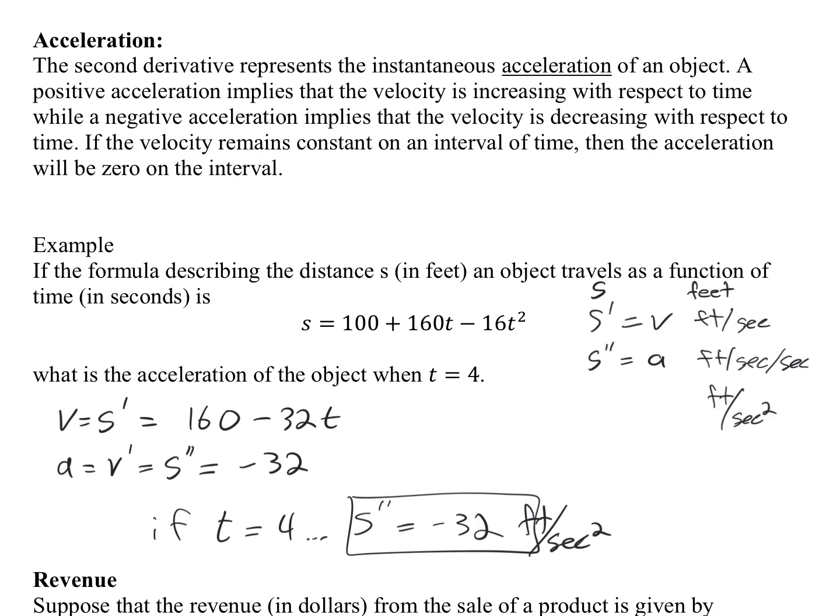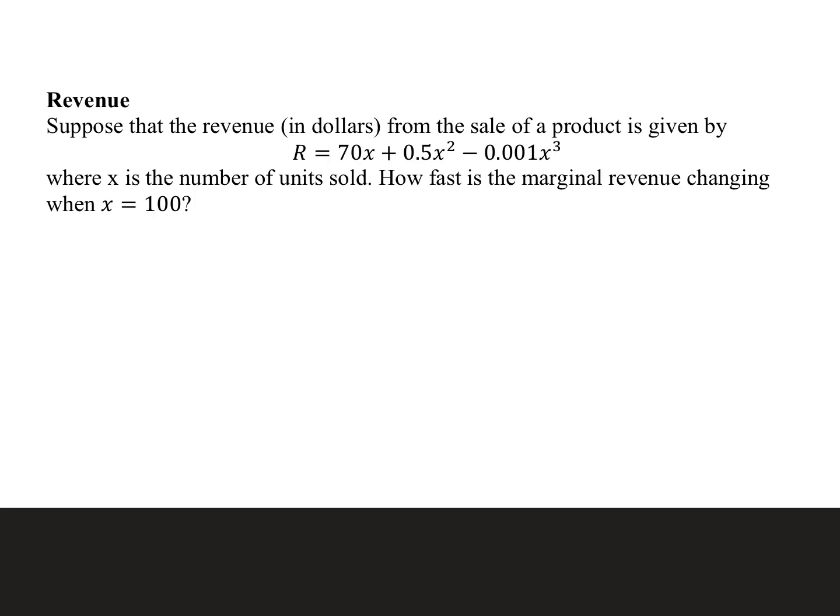Okay, lastly, let's look at a revenue example. In this example, let's suppose that the revenue in dollars from the sale of a product is given by the following function. Here, x is going to be the number of units sold, and we want to know how fast is the marginal revenue changing when x equals 100. So you want to be very careful with how you think about this.